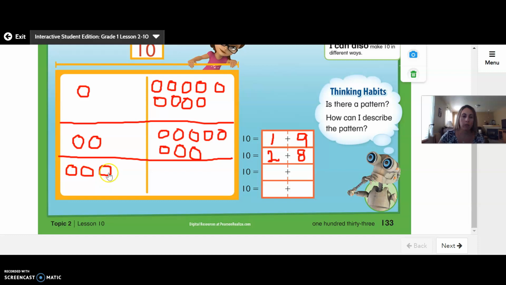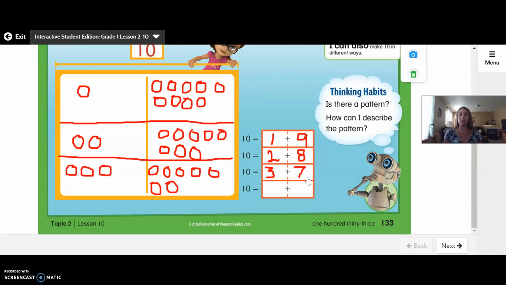Here's 3, 4, 5, 6, 7, 8, 9, 10. So here's 3 on this side. And if I count these, 1, 2, 3, 4, 5, 6, 7 on this side.